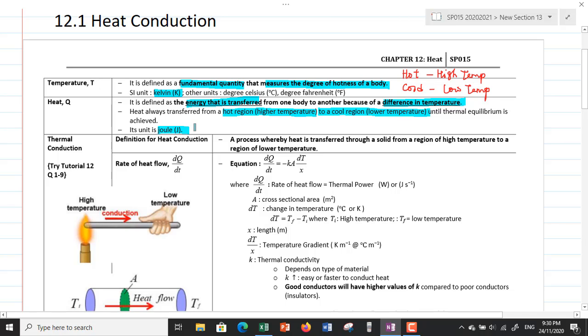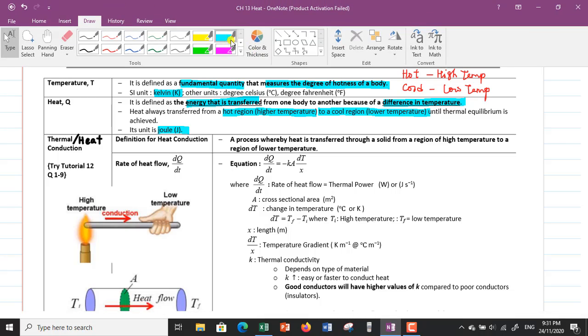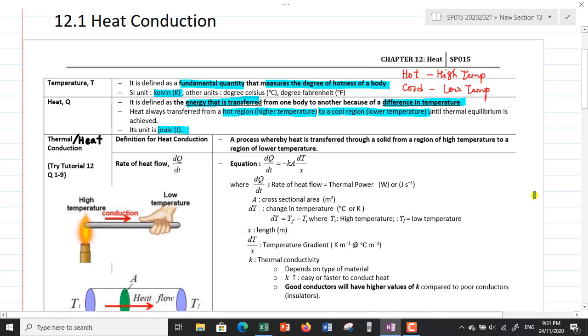So we say that heat will transfer from one body to another because of a difference in temperature. So we have what we call thermal conduction or heat conduction. What is heat conduction or thermal conduction?